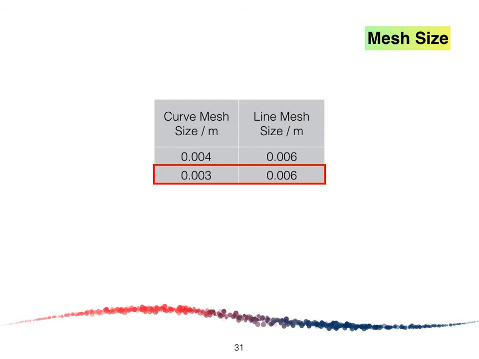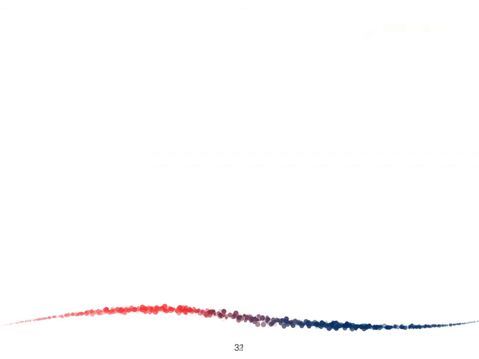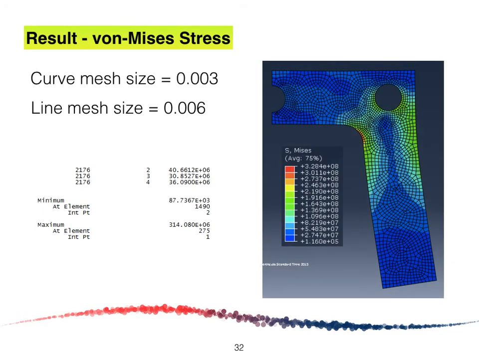After we have changed our element size, we are going to mesh it again. After that, we are going to submit our job to perform the analysis. Once the analysis is done, this will be my second solution. You will realize that the maximum stress is 314 and the maximum element number is 2176.